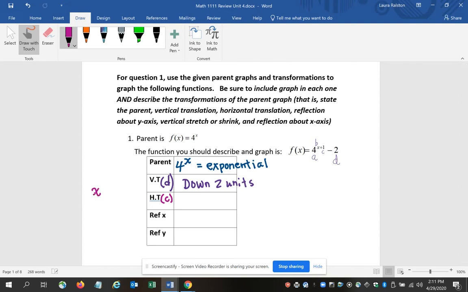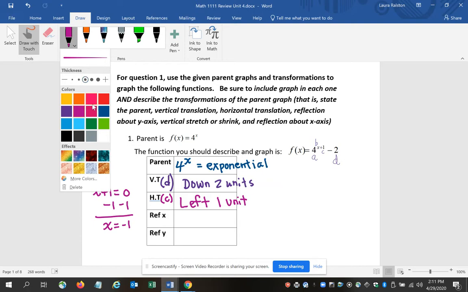We take the expression in the exponent, the x plus 1, set it to 0, and we solve for x so that I can see that x is actually -1, which means we're going to go left 1 unit.